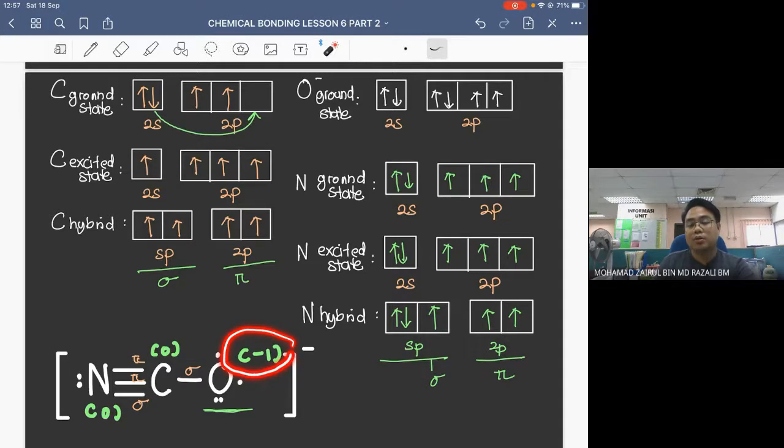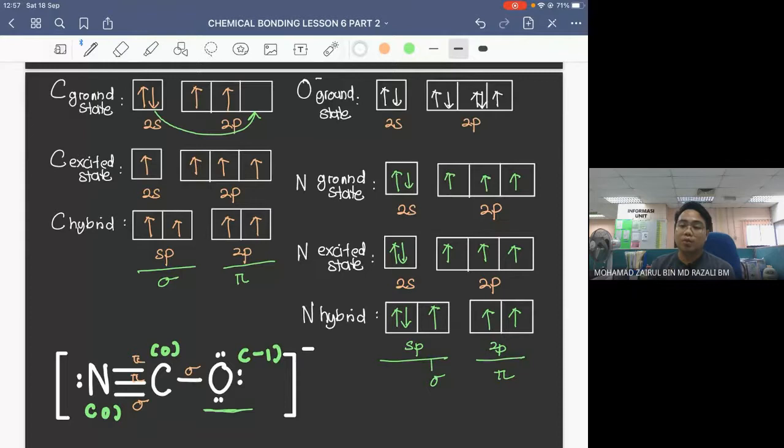Okay, once the oxygen have formal charge equals to -1, that means oksigen itu akan ada additional of 1 electron. Dan waktu kat ground state itu dia akan jadi O-. Sebab itulah saya akan tambah lagi 1 elektron dekat 2p. Sebab apa saya tambah lagi 1 elektron? Sebab oksigen sekarang ni ada formal charge equals to -1. Okay, so now kita dah buat dia punya orbital valence untuk orbital diagram dia.